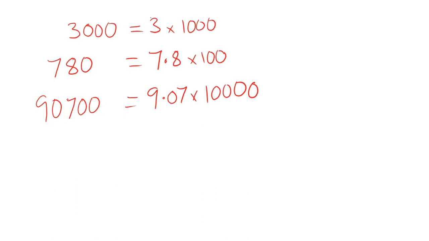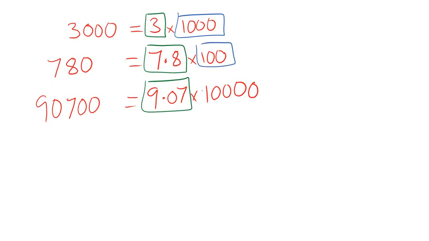first of all, a number, right? And that number is always between 1 and 10, multiplied by some sort of power of 10. Now, if I can do that to a number, then I have written it in standard form. I've just got to adjust this ever so slightly. So rather than writing it as 3 times 1,000, I'm going to write it as 3 times 10 cubed, because 1,000 is 10 cubed.